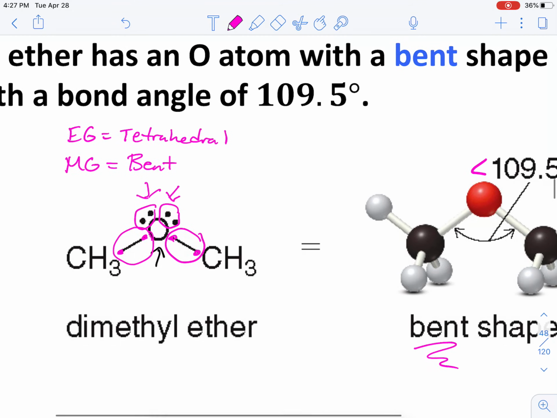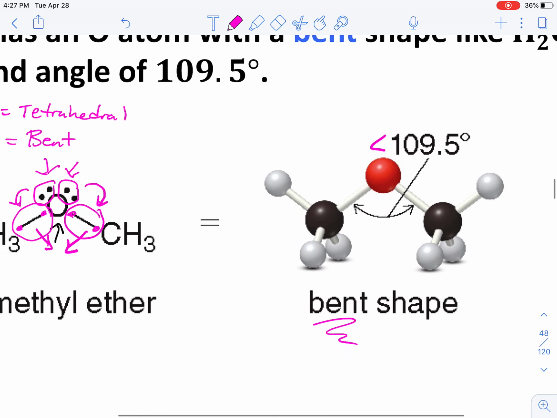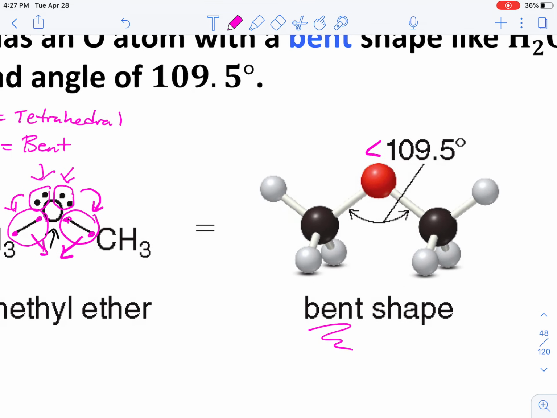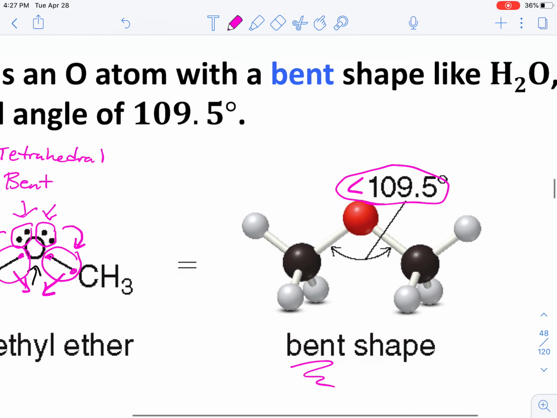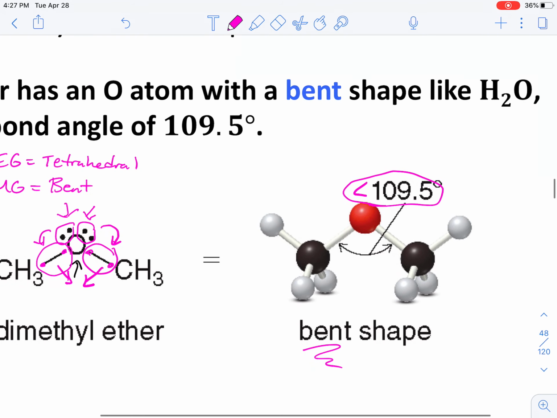The idea is that these lone pairs are going to push down on this angle, squeezing this angle a little bit more inwards. And that's what's forcing the angle to be less than 109.5.